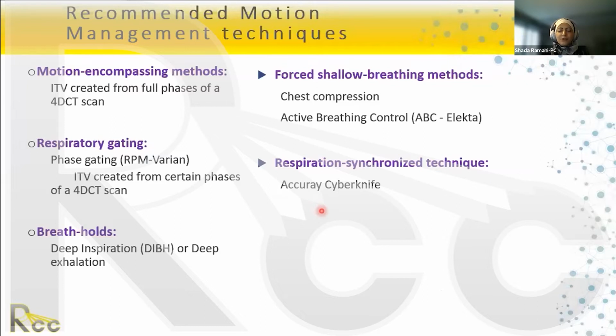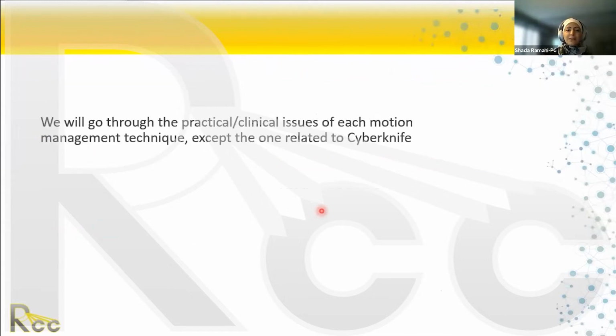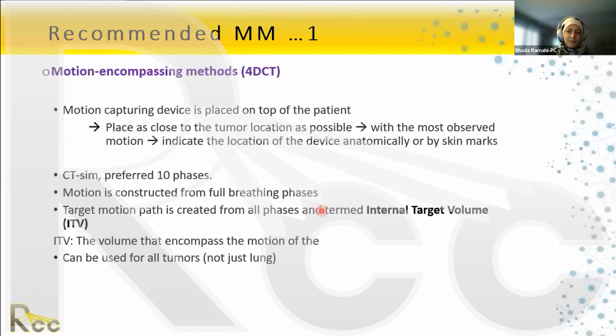So let's imagine this is your LINAC, and the LINAC would be moving back and forth to follow the breathing of the patient, right? This is basically for CyberKnife cases, which we will not discuss today. We're going to go through the entire clinical, practical issues of each motion management technique that we just mentioned, except the CyberKnife one.